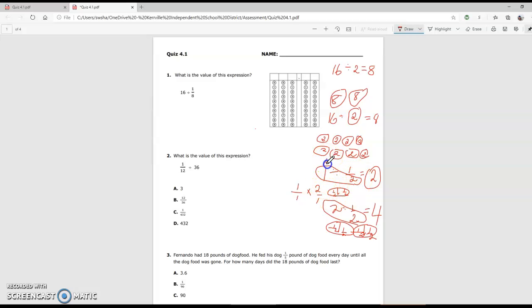So you keep this number and you put 1 under it, and you change this one into multiplication, and you flip this one, right? Keep, change, flip. Keep it, multiply by its reciprocal, which gives you 2. And keep this one, and you multiply it by its reciprocal, which is 4.